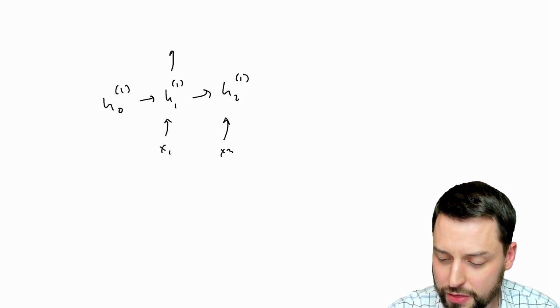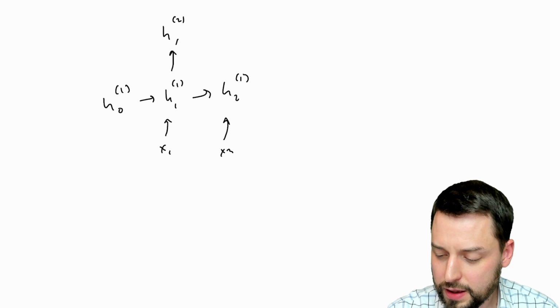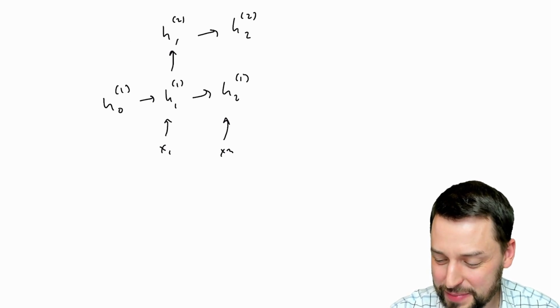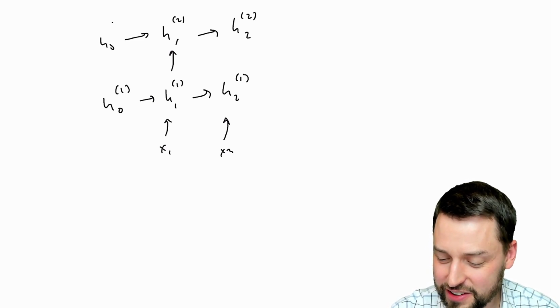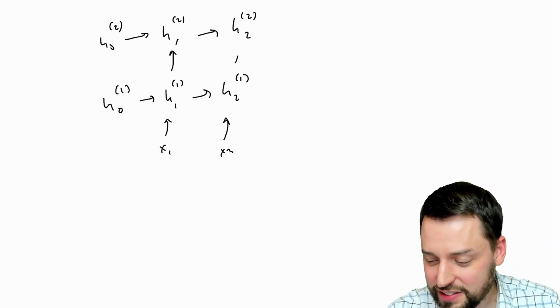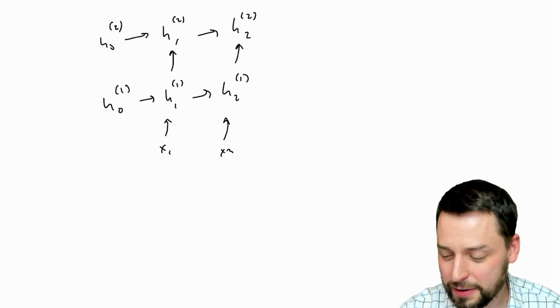And then I have some other layer here, H1 and then H2 for the second layer, and then some initial hidden state here, H0 for the second layer. Here I'm going to forego the LSTM cell state portions and just talk conceptually about a deep layer.